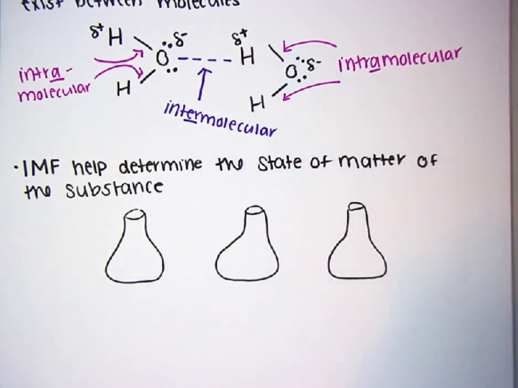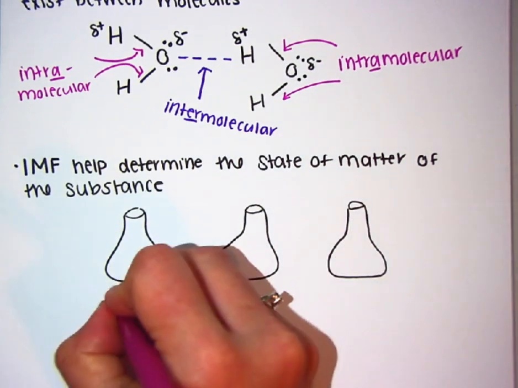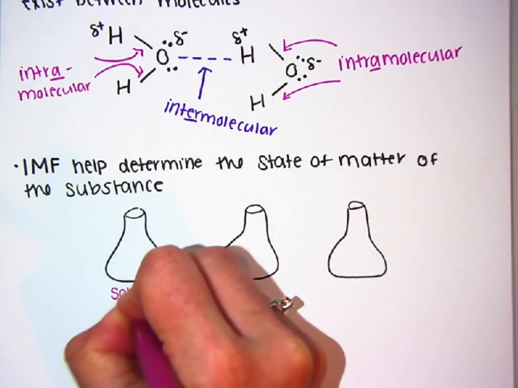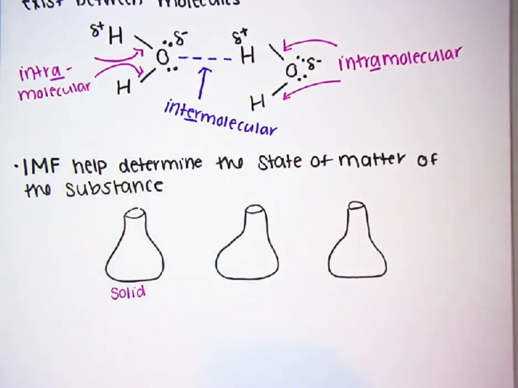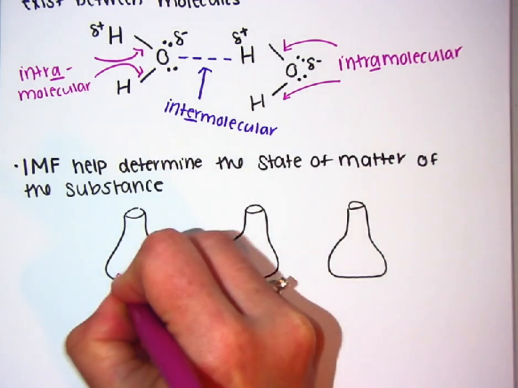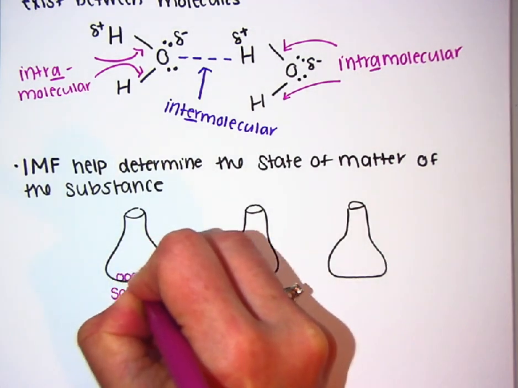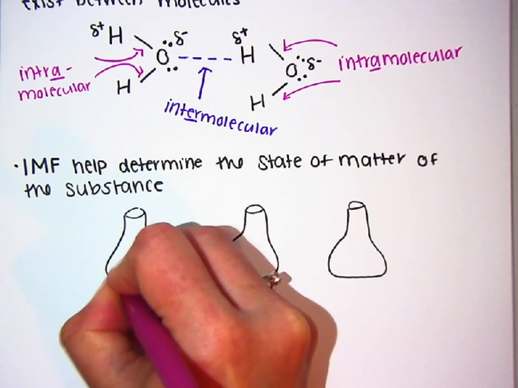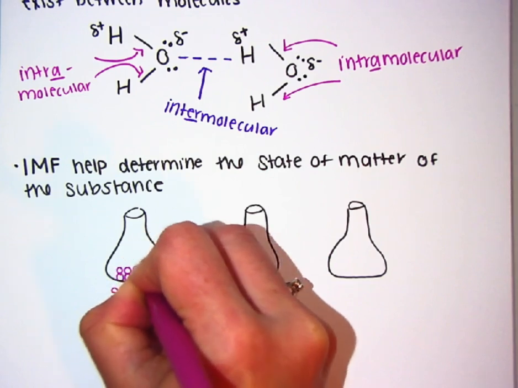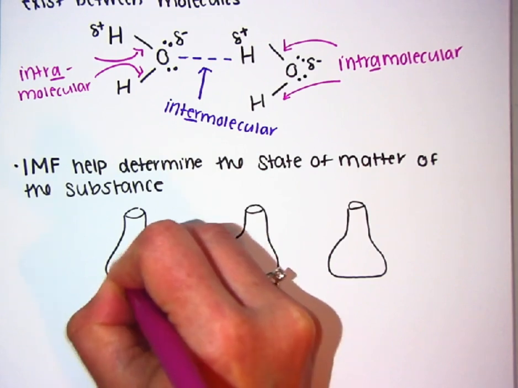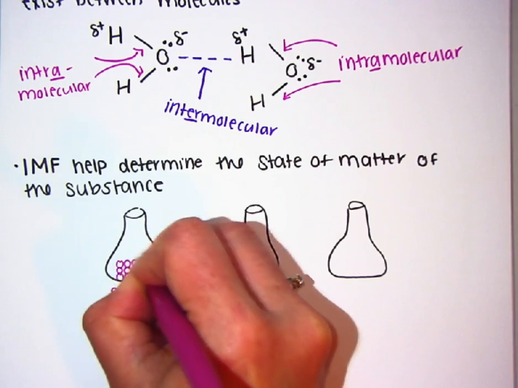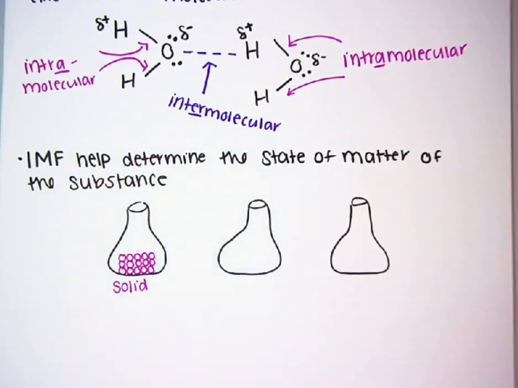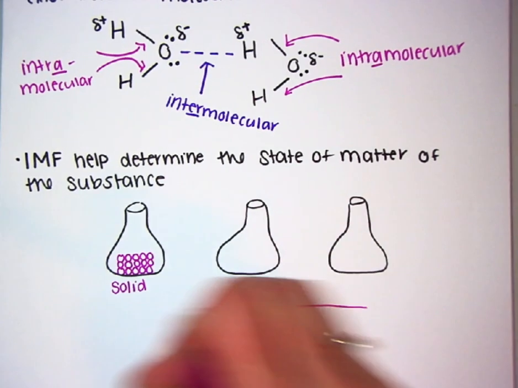If I had a solid in this first flask, the solid molecules are going to be packed together tightly. The reason is that they have a very strong intermolecular force.